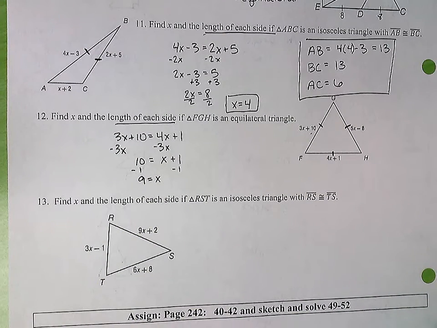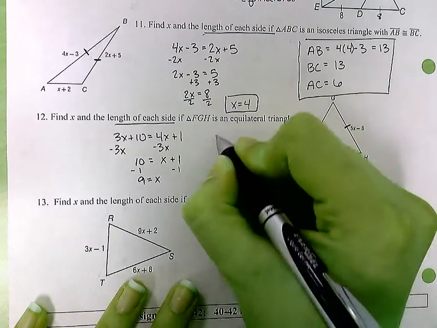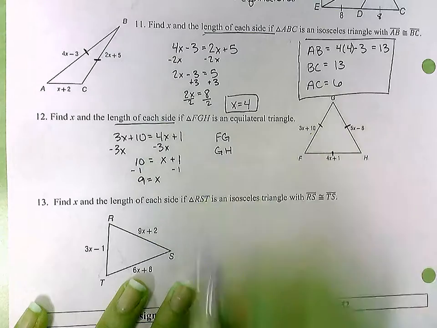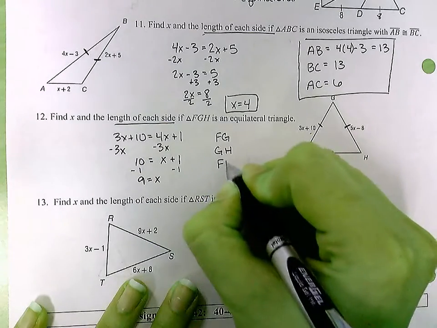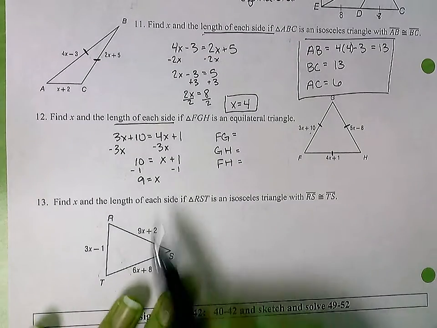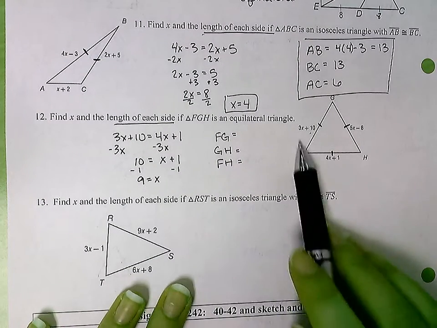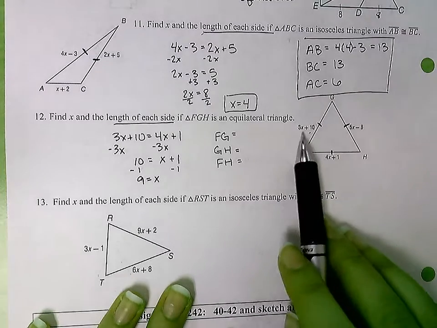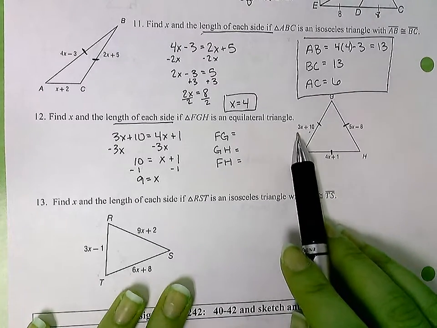Now I need to find the length of each side. So I need to find FG, GH, and FH. So I'm going to plug 9 in for x. So I have 9 times 3.